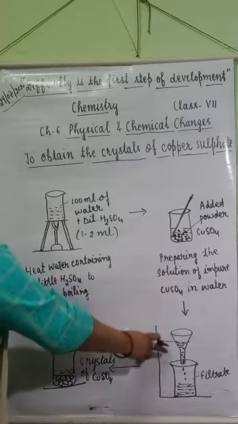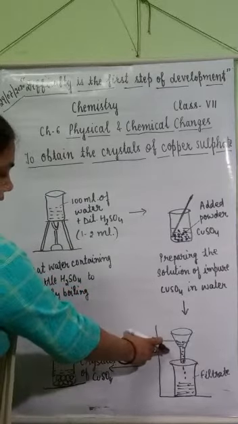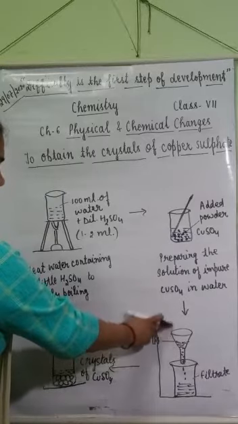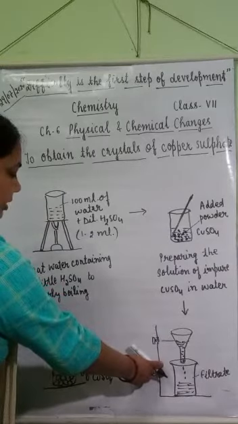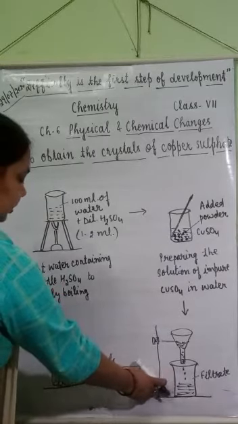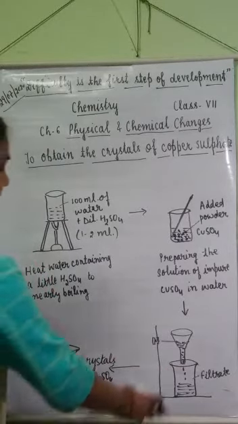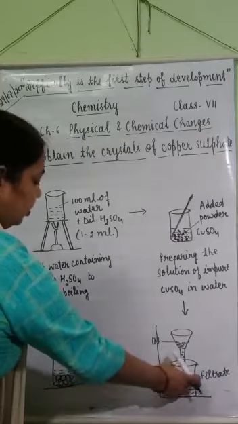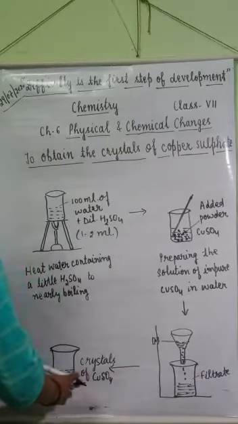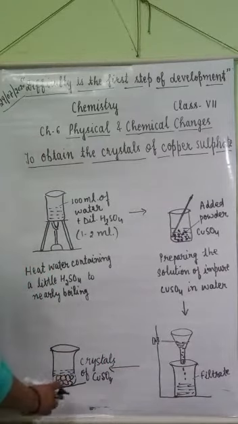Now after that, filter the solution of copper sulphate into a separate beaker, and you will obtain a filtrate. This filtered solution is known as filtrate. Leave it to cool for some time.